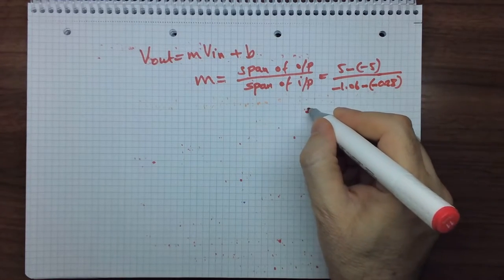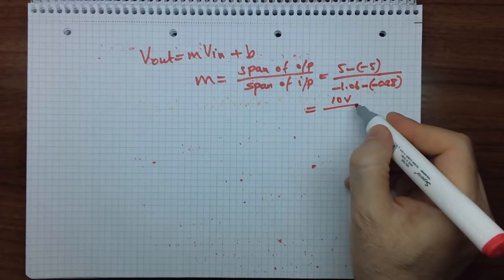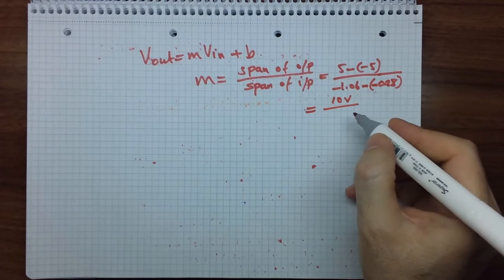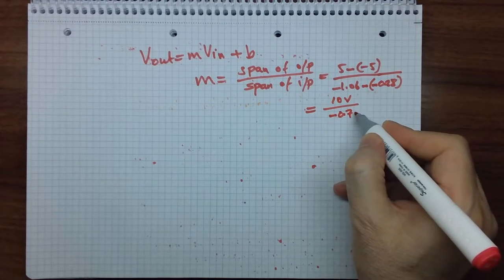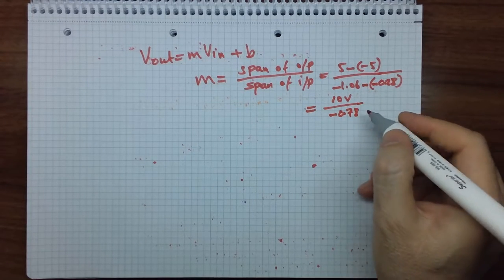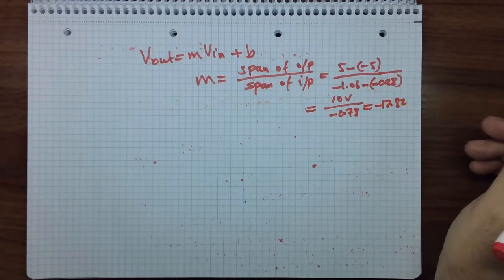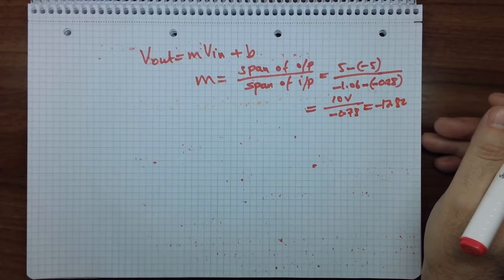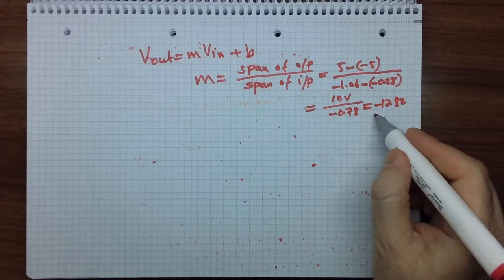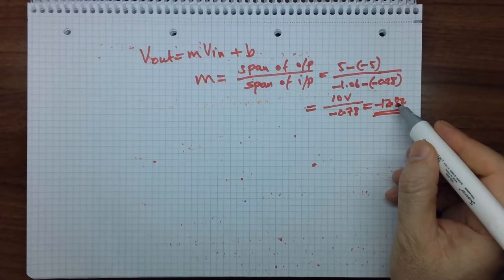In this case we have 5 minus -5, it is 10 volt over minus plus, which is minus 0.78, and this is equal to minus 12.82. So this is the gain, it is minus 12.82.